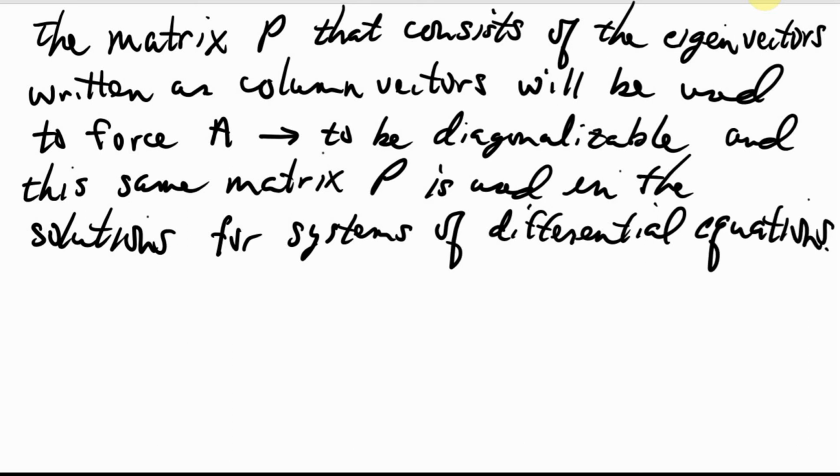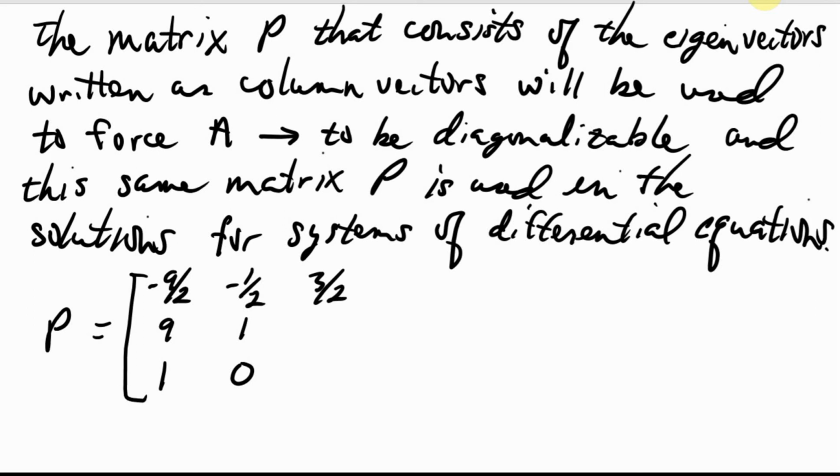So for this particular problem that we just got through doing, the matrix P becomes, I had initially negative 9 over 2, and this was 9 and 1, and then we got negative 1 half, 1 and 0, and then we had 3 halves, 1 and 0.